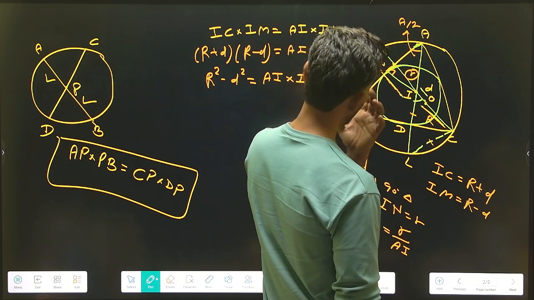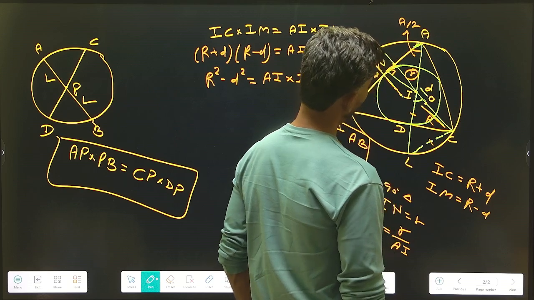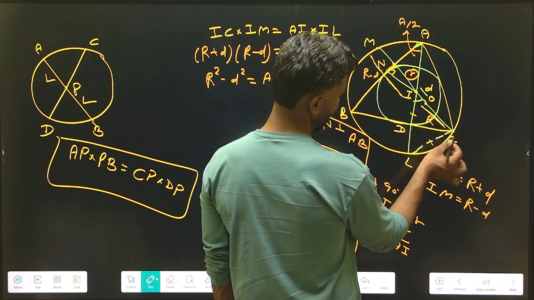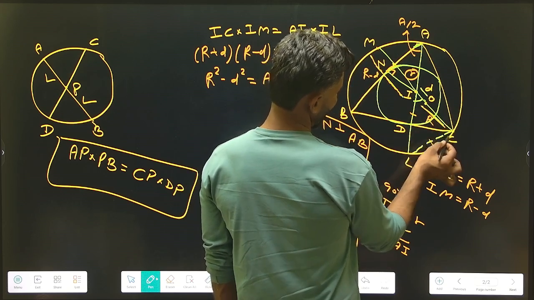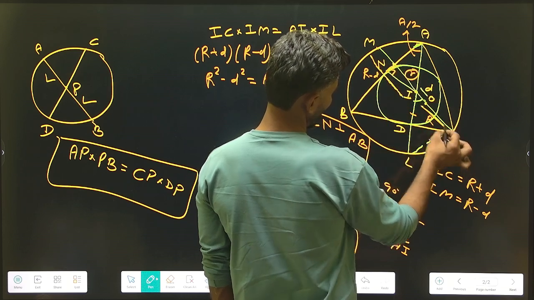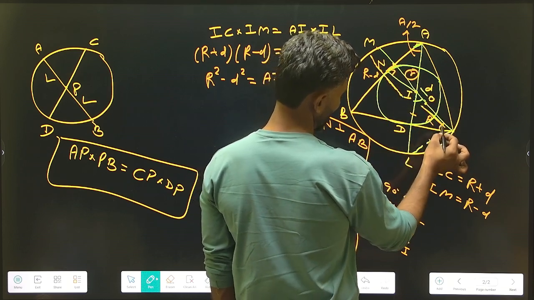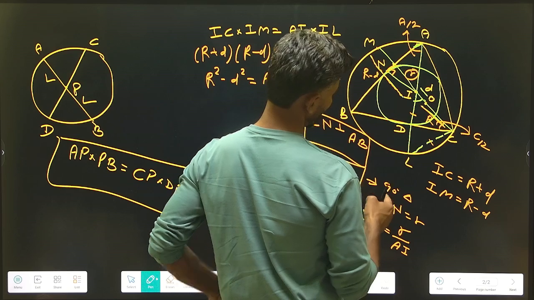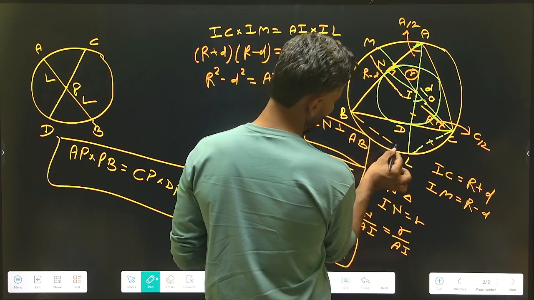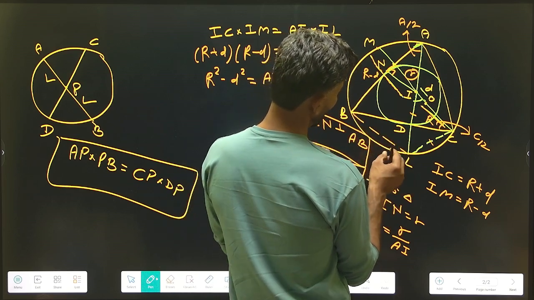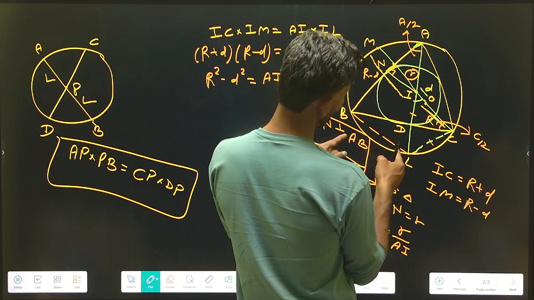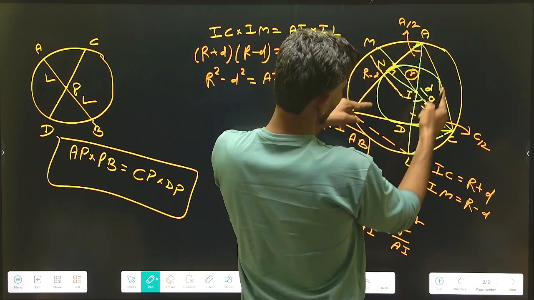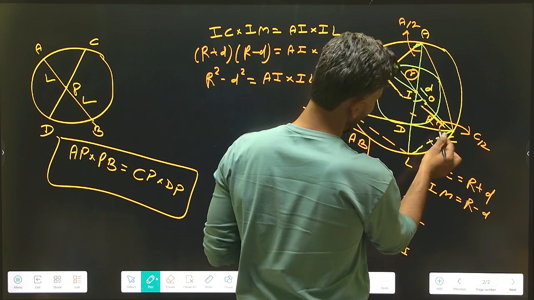Why equal angles? Actually, I'm going to tell you a very important thing over here. Firstly, this is the complete angle C. This is the angle bisector because it is passing through the incenter, so this will be C by 2. Now here BL is a chord, and BL is forming an A by 2 angle over here. So this angle at C will be A by 2.